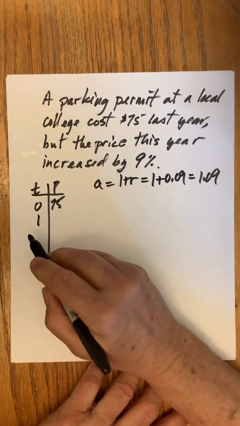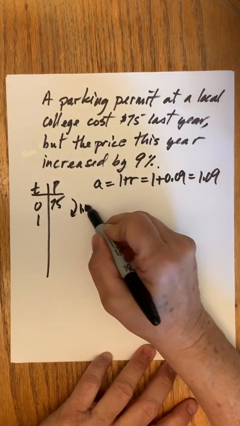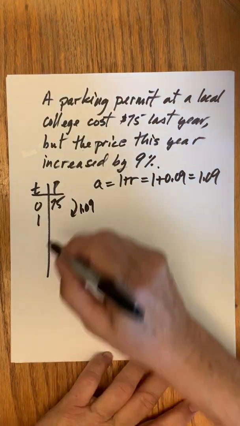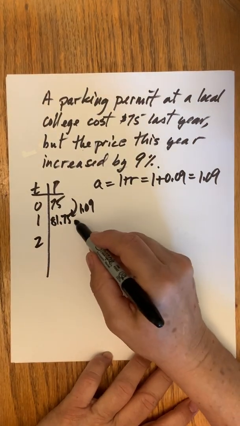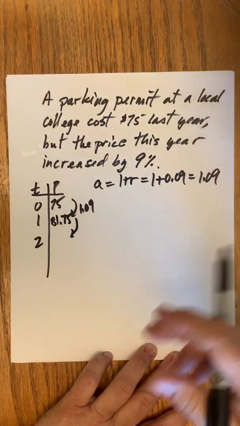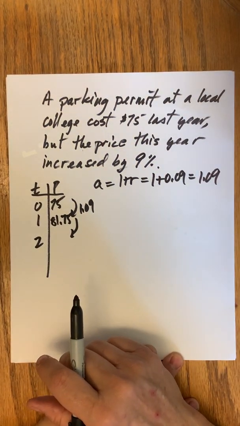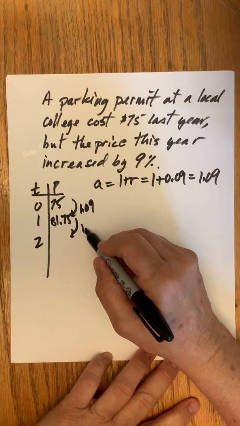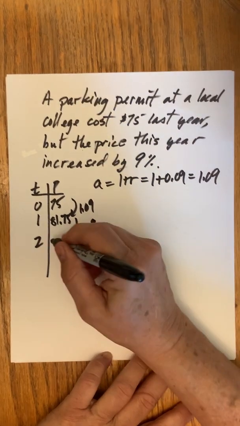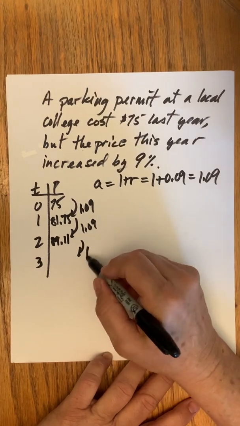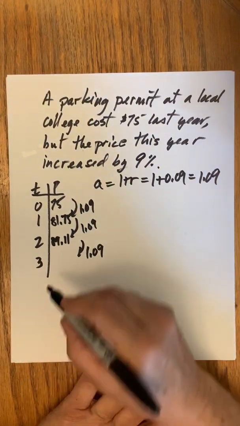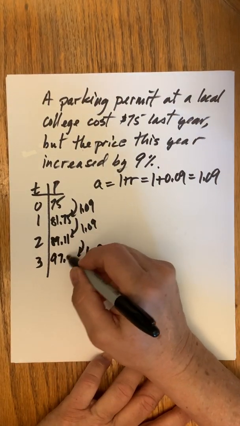So in year 1, you're going to multiply 1.09 times 75. So you're going to have 81.75. In year 2, assuming it's growing by the same factor, then you're multiplying by another 1.09. So you're going to get 89.11. And in year 3, you're going to multiply by 1.09 again. And that's going to be 97.13.